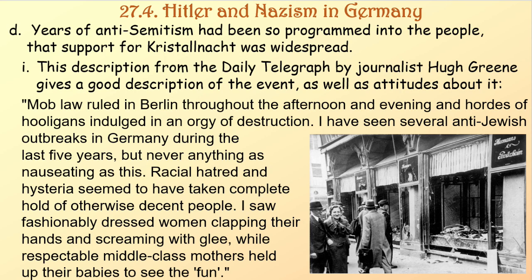Years of anti-Semitism had been so programmed into the people that support for Kristallnacht was widespread. This description from the Daily Telegraph by journalist Hugh Green gives a good description of the event as well as attitudes about it. Mob law ruled in Berlin throughout the afternoon and evening as hordes of hooligans indulged in an orgy of destruction.